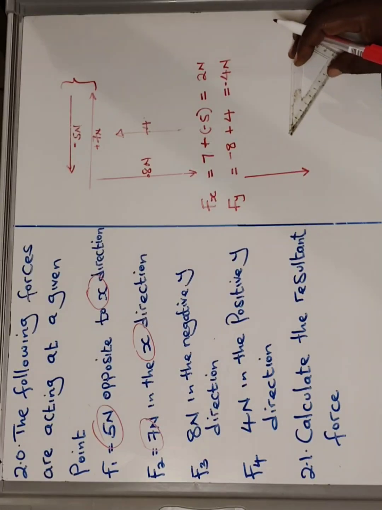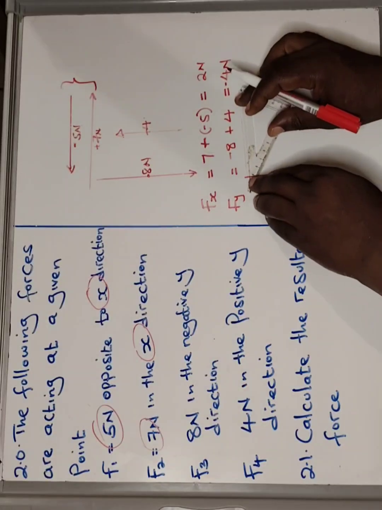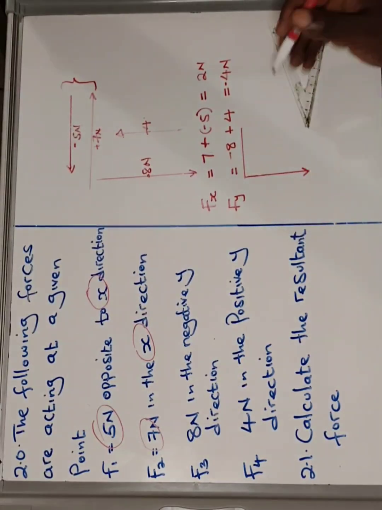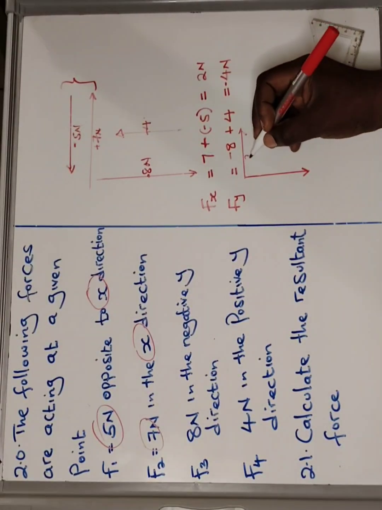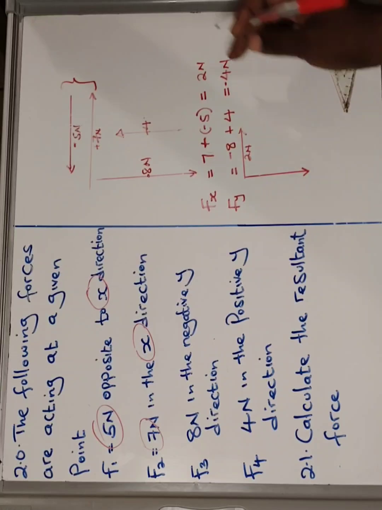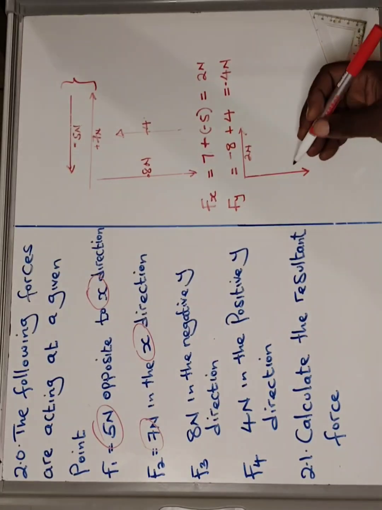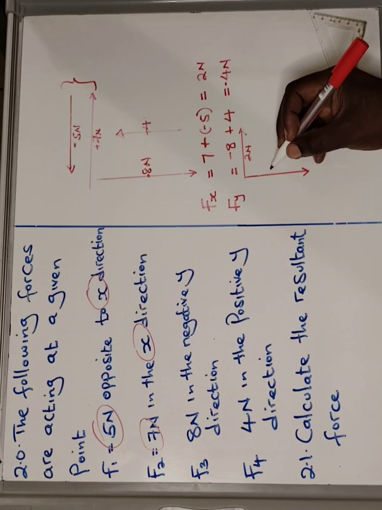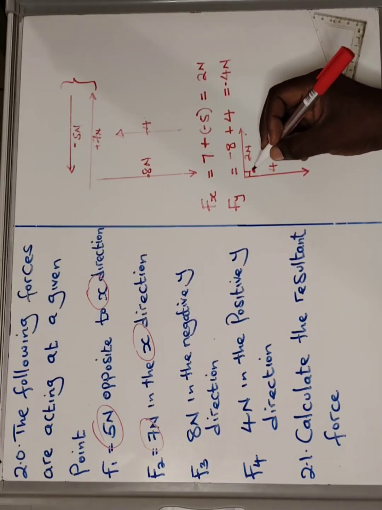And we have our resultant in the x direction, which is 2. So this is 2 newtons, is positive. Remember, to the right is positive. And this is the one in the y direction, which is 4. And they are meeting at 90.